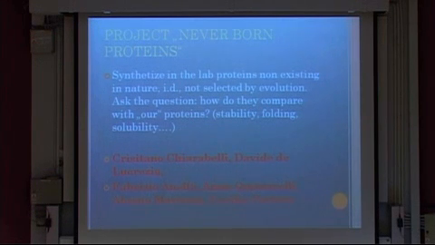Then let's compare these never-born proteins with the extant proteins and see whether they differ in properties like stability, folding, solubility, folding being the main characteristic feature of our functional globular proteins.